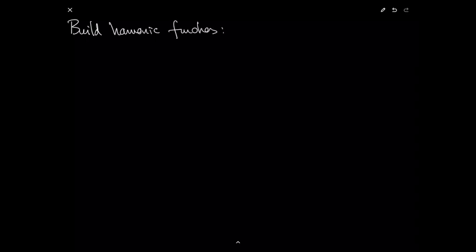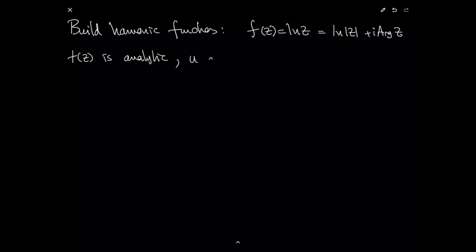Let's take the following function, f of z equals ln of z, and that's equal to ln of the modulus of z plus i times the argument of z, right? But what we've just seen is that f of z is analytic. Well, we've just built it that way, which means u and v are harmonic.